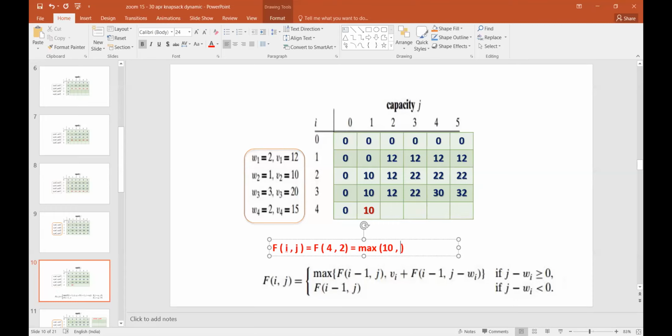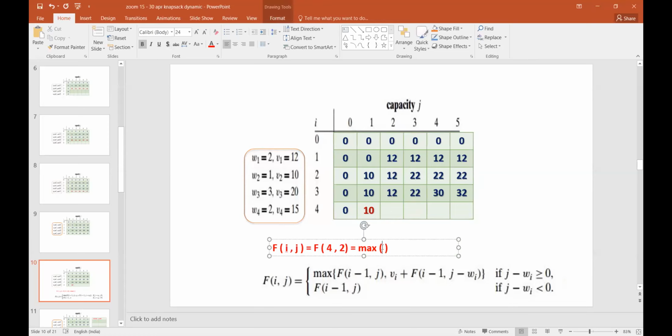Then what must I consider? Max of i minus 1 comma j, which means 3 comma 2, where the cell is 4 comma 2. It means the previous value in the same column, previous row.